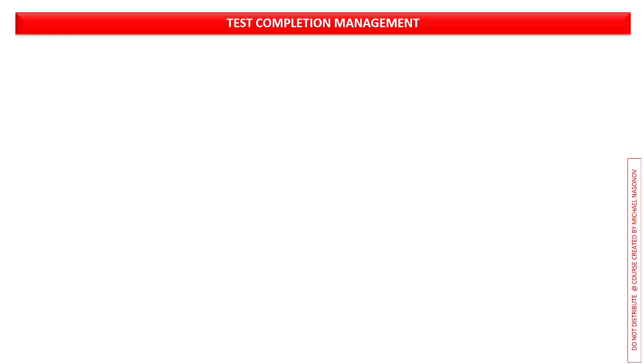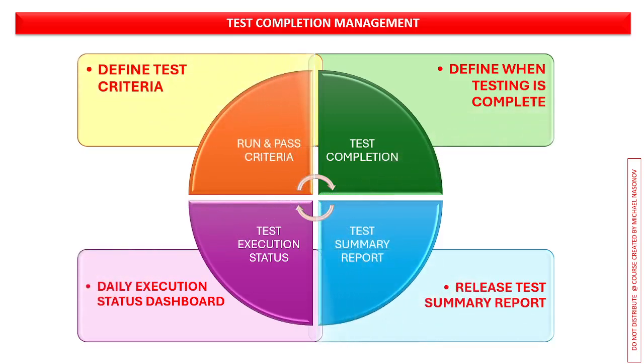Let's finalize and finish quality assurance management theoretical part with test completion management, which I divided into 4 parts. First of all, we need to define run and pass criteria, then define when testing is complete, or so-called test completion.